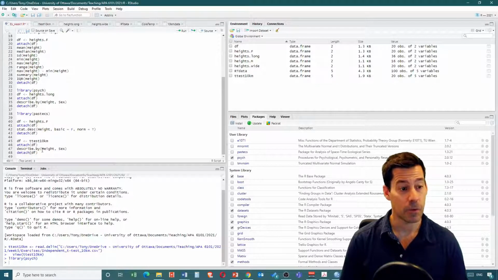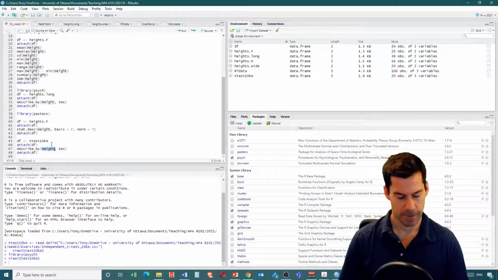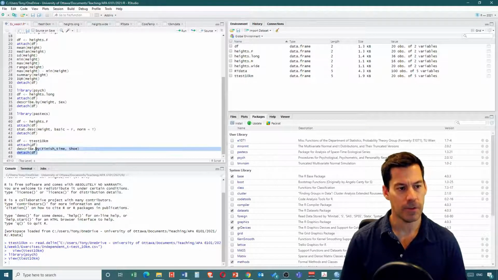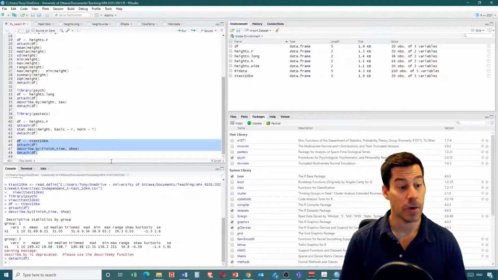Then I'm going to describe by, what are my variables? I think they were called finish underscore time and then by shoe. Okay, so finish underscore time as a function of shoe. Now let's just see if that runs.